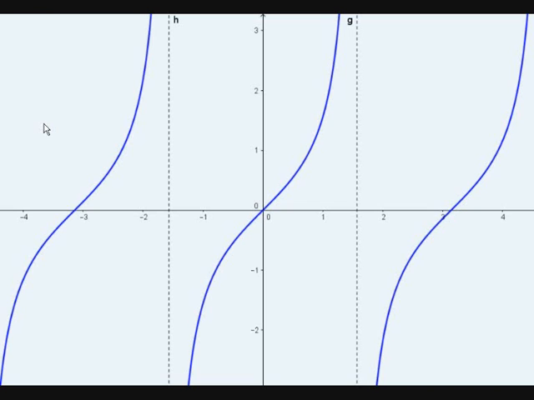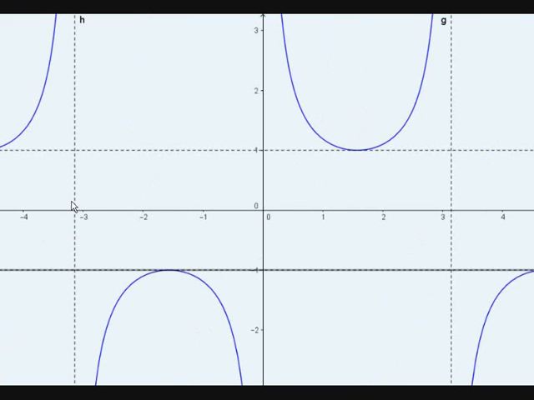Okay, the next function is cosecant. This is the cosecant function. The domain of this function is all real values minus the points where it does not exist, at these dotted lines. These dotted lines are pi, 0, minus pi, 2 pi, so integral multiples of pi.